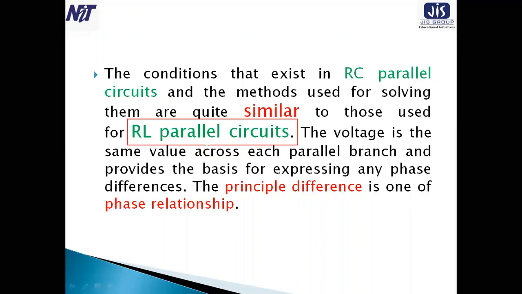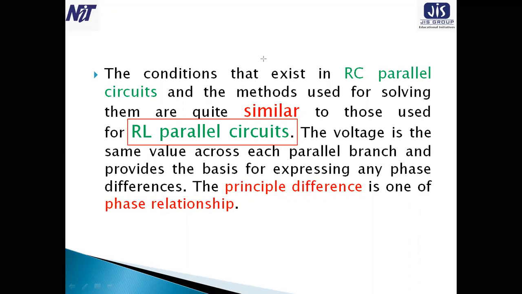The voltage is the same value across the parallel branches and provides the basis for expressing any phase differences. The principal difference is one of phase relationship.